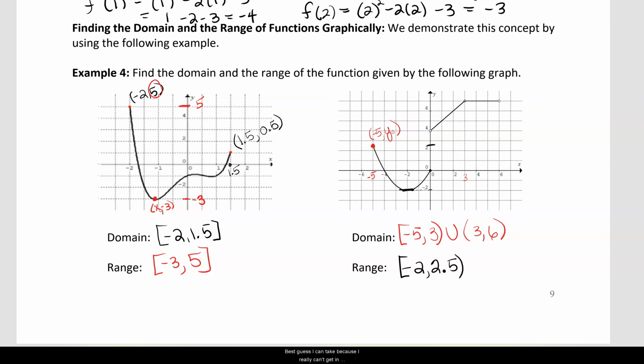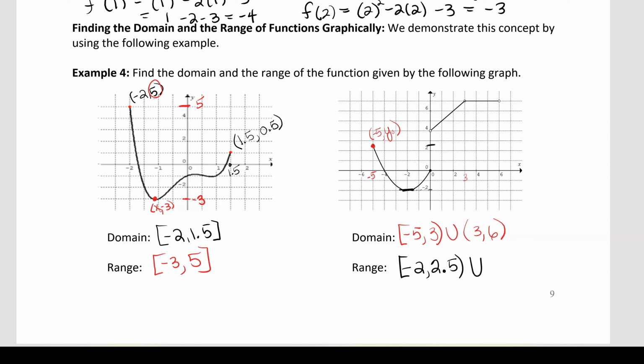Best guess I can take because I really can't get in there and see what's happening and close on that grid. So I'm going to estimate 2.5. And that's going to join with some more for the range because we know more of the graph is graphing up there.